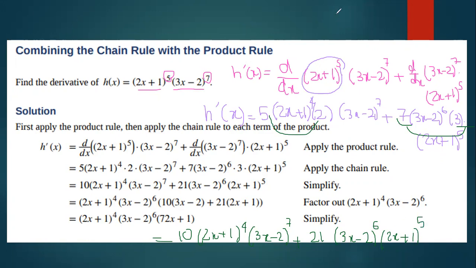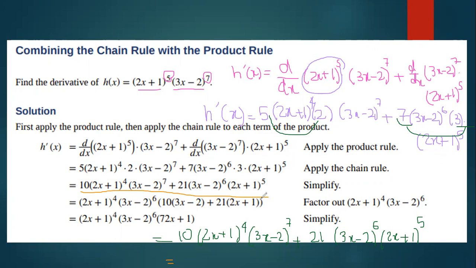Okay, so after this, I have to take something common. So how to take a common? Is there any factor? This is the simplify step, so after that, we have to make a factor.